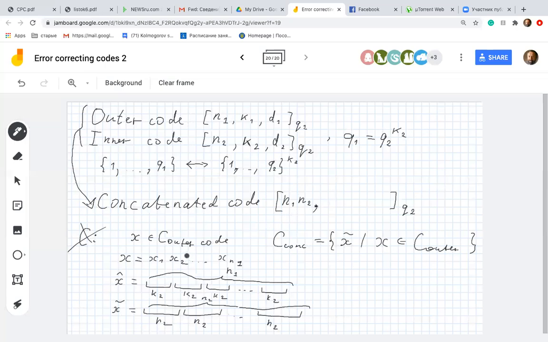Now, what is the dimension? We compute the dimension by taking the logarithm. So the dimension is the logarithm to the base q2 of the number of code words.